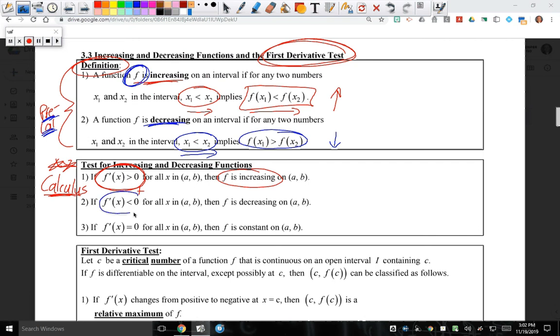If the derivative f prime of x is negative, then f of x is decreasing. And if the derivative, or f prime of x, is 0, then f is constant. I know that's simple, but look at this.